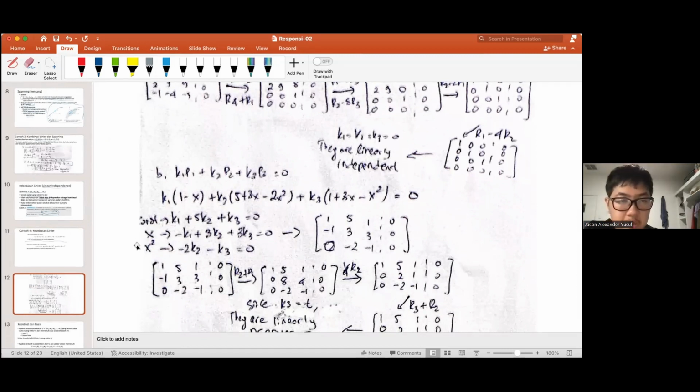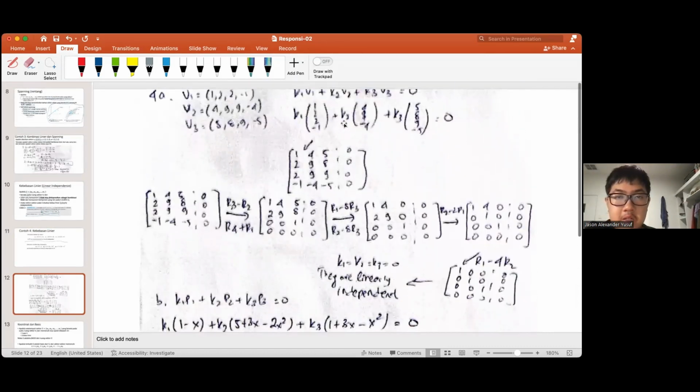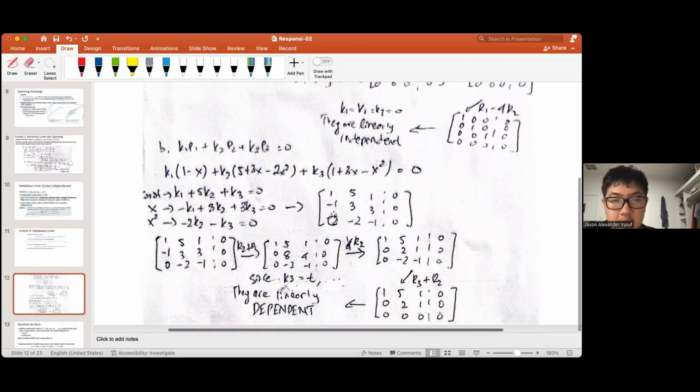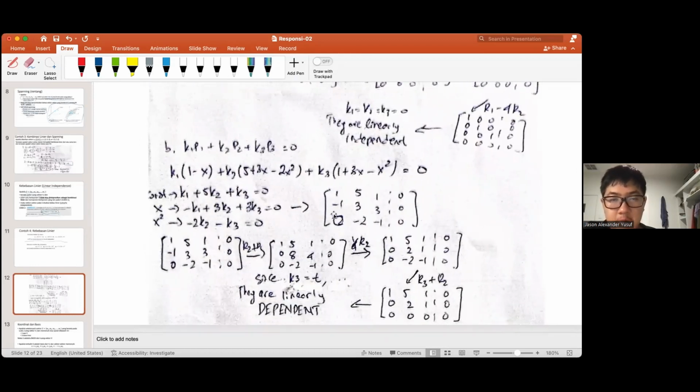Then you group them based on the coefficients of the constant, x and x squared. And then you transform it into an augmented matrix here. And then, as usual, perform the Gauss-Jordan elimination until you get a final solution that looks like this.